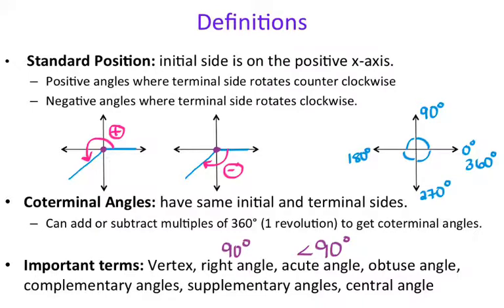Obtuse angles are greater than 90 degrees. Complementary angles add up to 90 degrees. Supplementary angles add to 180 degrees. And the central angle we'll talk more about once we do arc length and area.